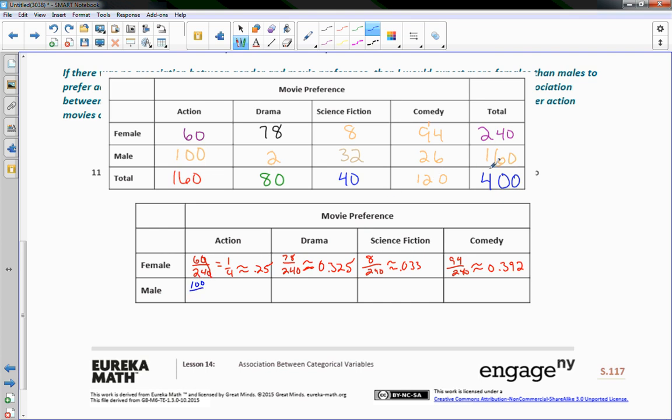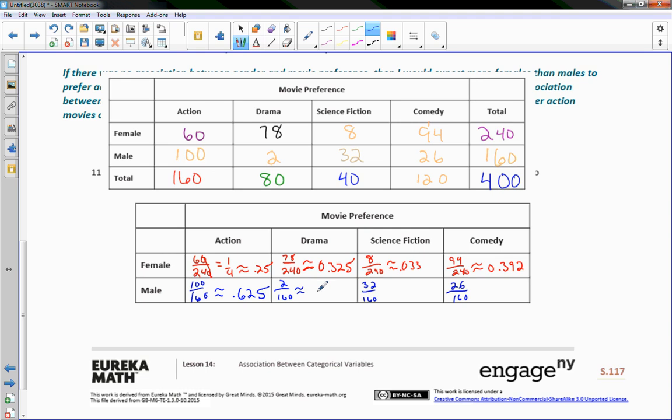Okay. Males. First, let's do the fractions. 100 over 160, 2 over 160, 32 over 160, 26 over 160. Do the calculation. 10/16 is 5/8. 5/8 is approximately 0.625, or it's exactly actually, but anyhow.